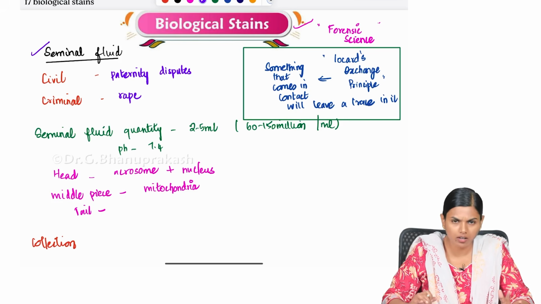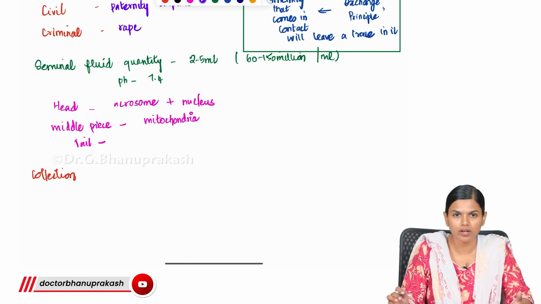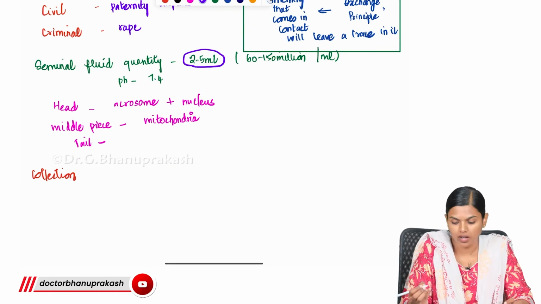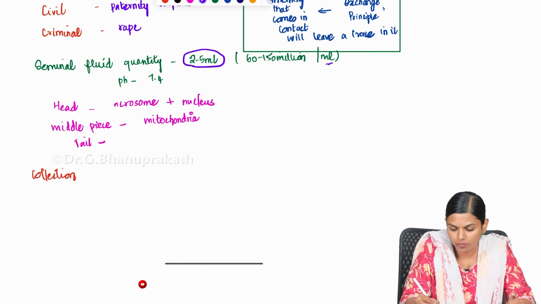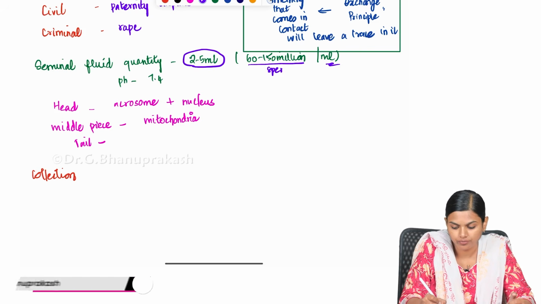Now, basic information regarding the seminal fluid: the normal quantity you can expect is 2 to 5 ml per ejaculation, and each ml will contain around 60 to 150 million sperms.